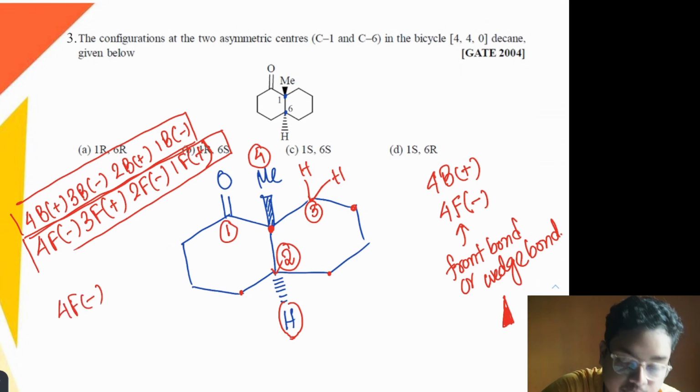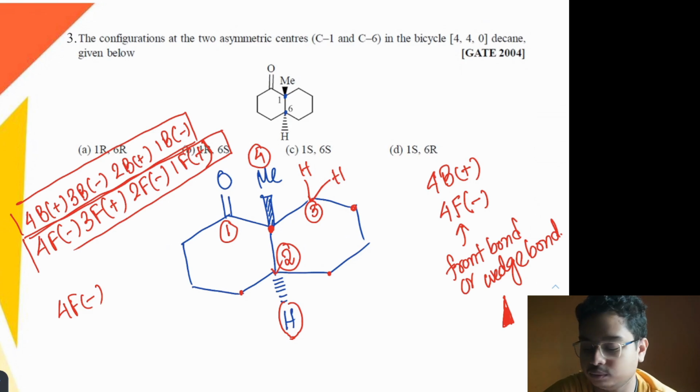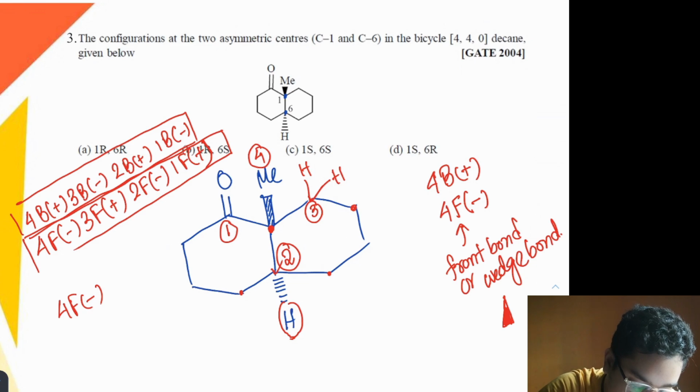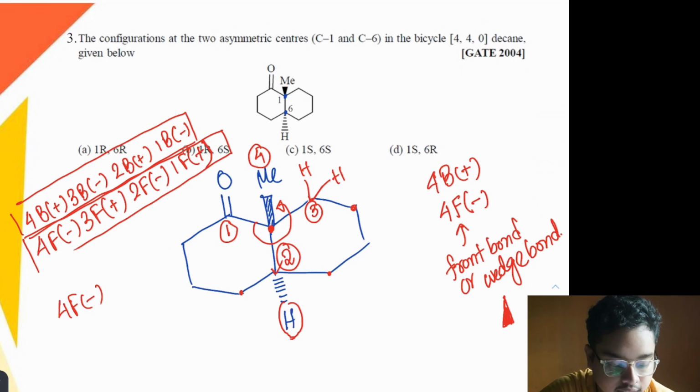Okay. Now we have to check the rotation of the following particular compound. So if we check here, 1, 2, 3 is anti-clockwise in nature, and the 4 group is the lowest priority group.